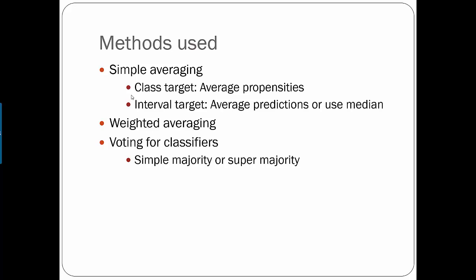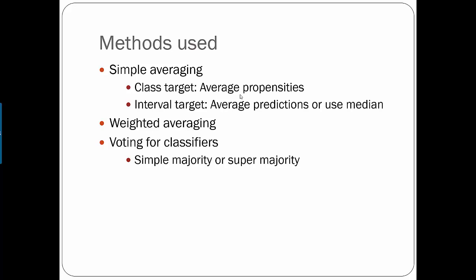Each method has one vote, and then you use simple majority or supermajority, whatever way you want to define that, and then do the classification. So in the case of averaging propensity, you take the propensity as is, average them, and then do the classification just one time at the end.